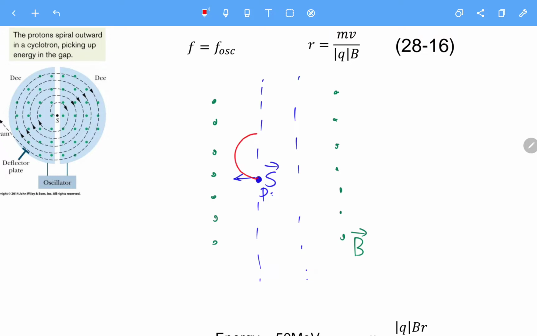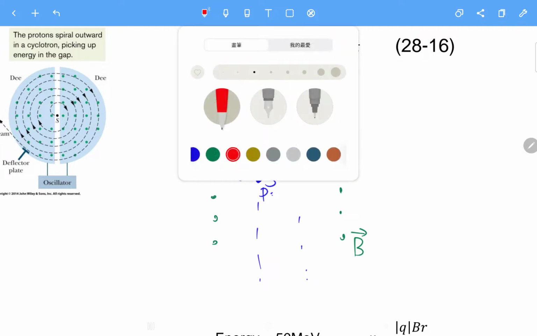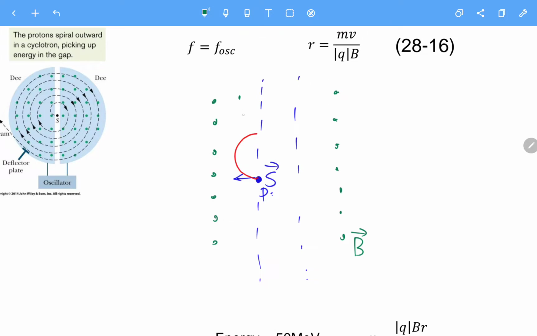Okay. So this is the initial speed, and then it will turn around by the B field, as it has a Lorentz force. There is a B field in this region, so there will be a circular motion for the charged particle up to this point.